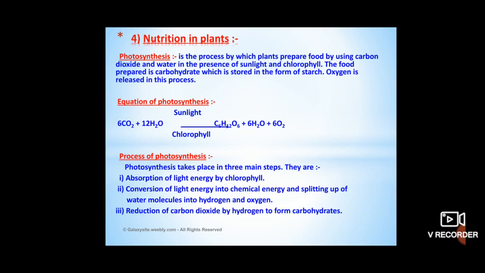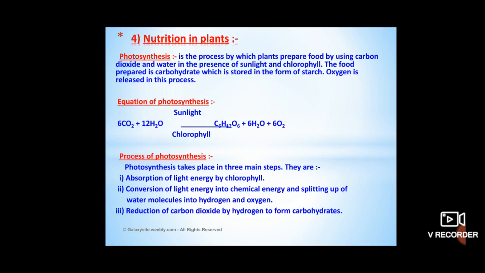Already we know that photosynthesis is a process by which plants prepare food using carbon dioxide and water. Apart from these, the plant requires sunlight. In the presence of sunlight, the plants absorb carbon dioxide, water, and other minerals and prepare their own food.